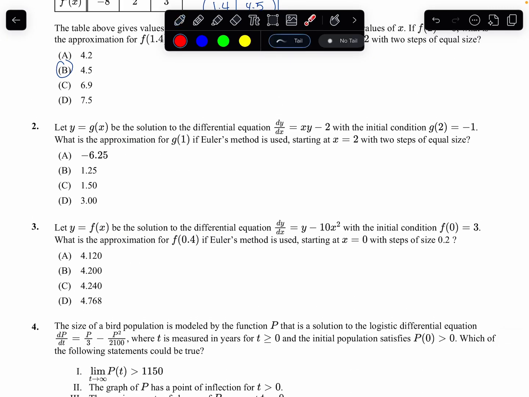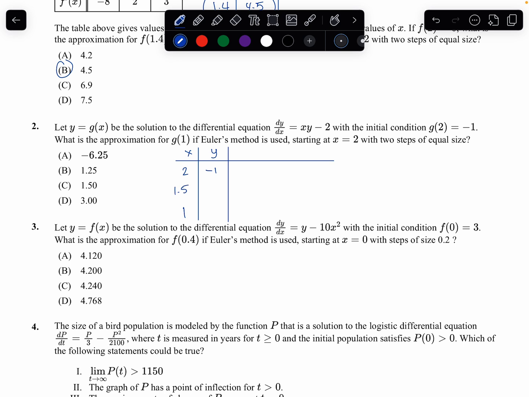Okay, another Euler's method. So we have dy dx with the initial condition. Setting up my table, we're going to have x starting out to be 2, y is going to start out to be negative 1. We're going to have 2 equal steps. We're trying to get to g of 1, so the last step is 1. We'll have 1.5.